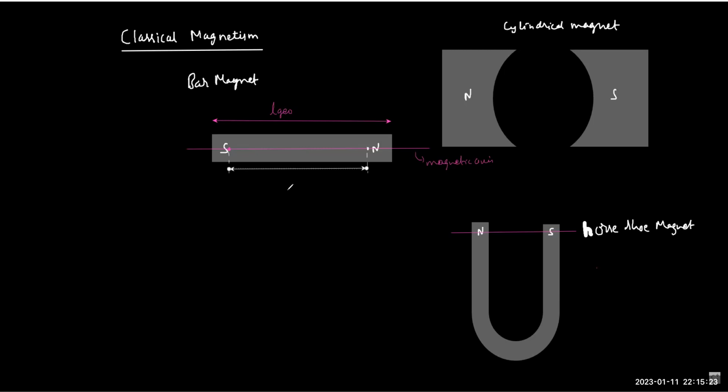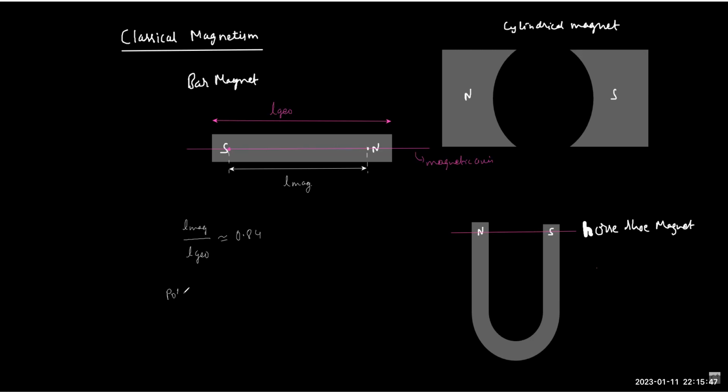So we can call this L mag. And the ratio of L mag upon L geo is roughly 0.84. So it is 0.84 times the actual physical length or geometrical length.